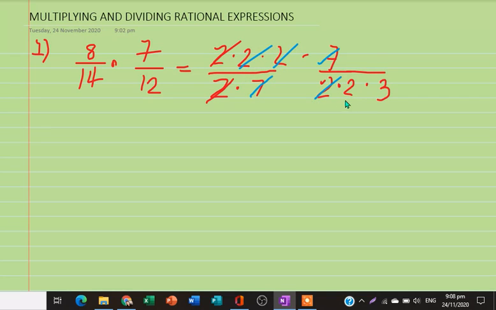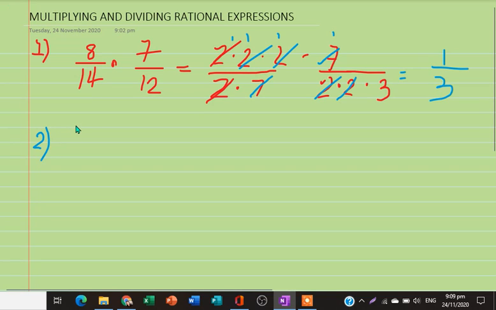Another 2. So, we have this now equal to 1, 1, 1, 1. 1 times 1 times 1 times 1 is 1. And we have 3. So, the answer or the product is 1/3. Okay? Another example.